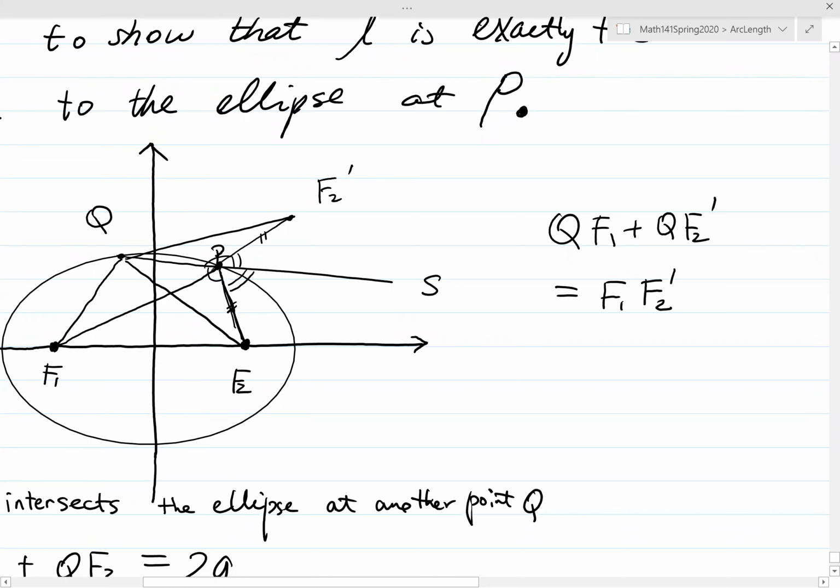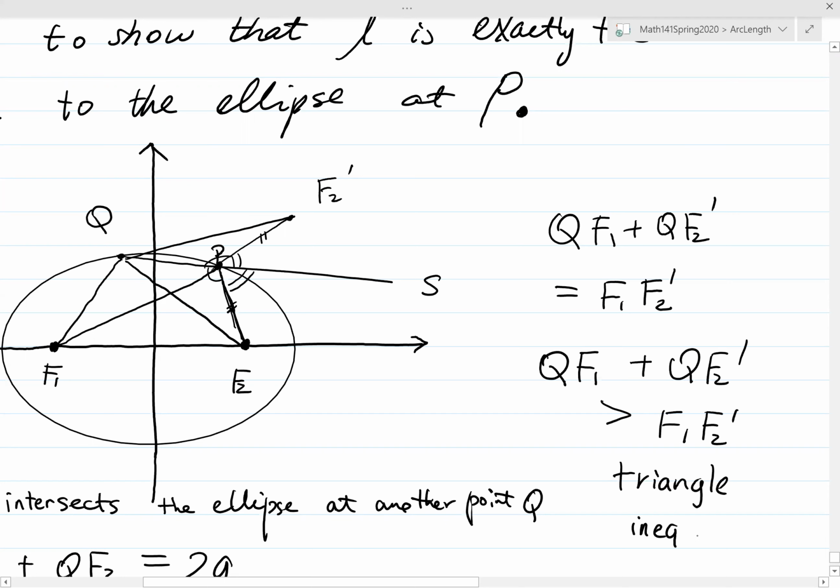So we get the line segment QF1 plus the line segment QF2 prime is bigger than the line F1 F2 prime. Triangle inequality: the sum of two sides is longer than the third side in a triangle.